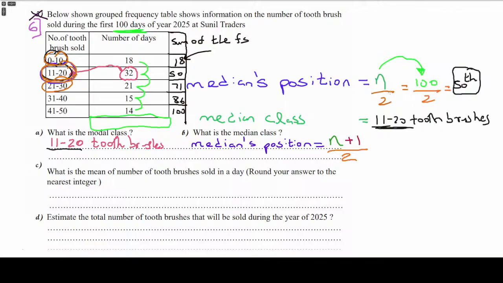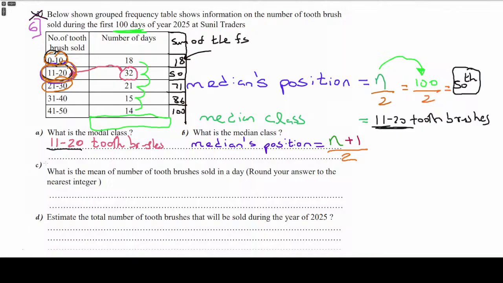There is no rule which says the model class should be the median class. So in your exams, sometimes you might get one class for the model class and a different class as the median class. That's fine. But in this question, both are the same. Alright.